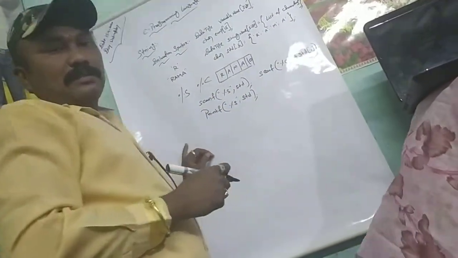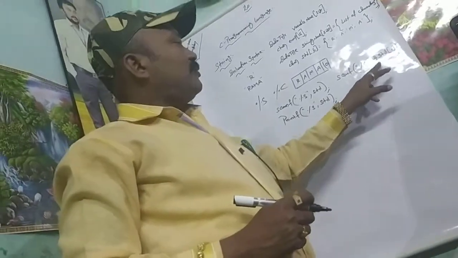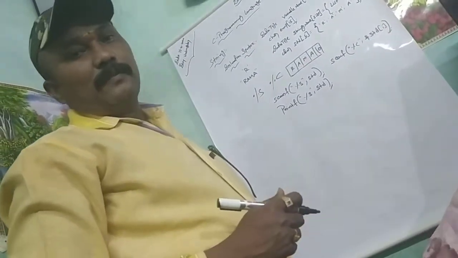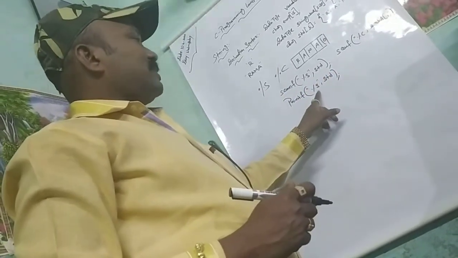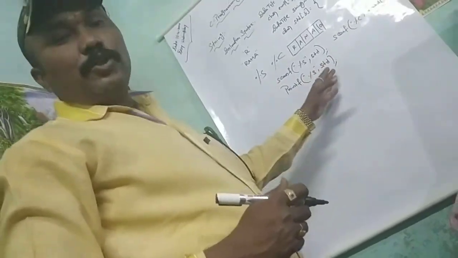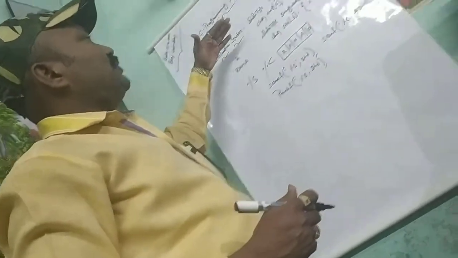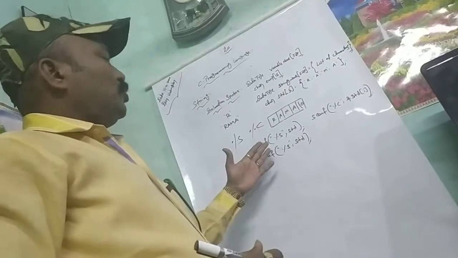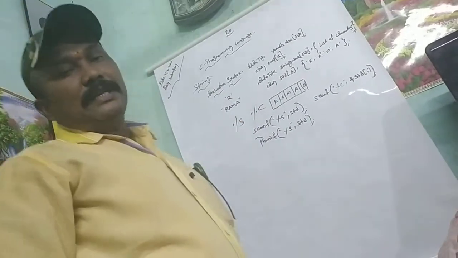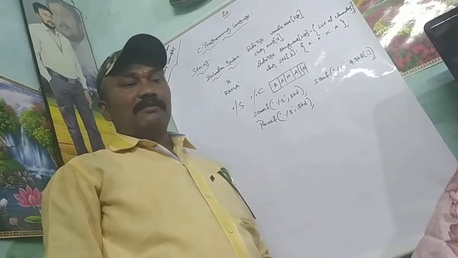In this situation you mention the ampersand with percentage c, but with percentage s there is no need for the ampersand. So these are the string definition, declaration, initialization, how to read the string, and how to display the string in C programming language.